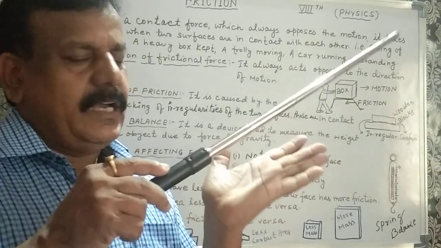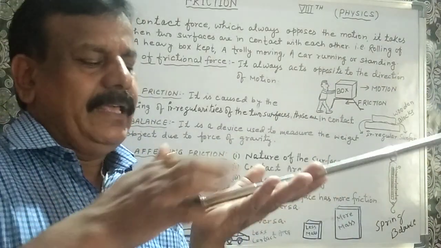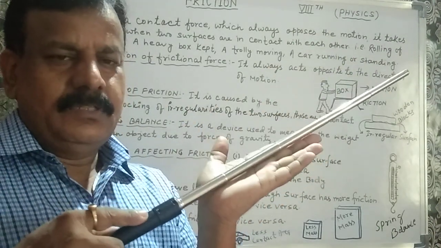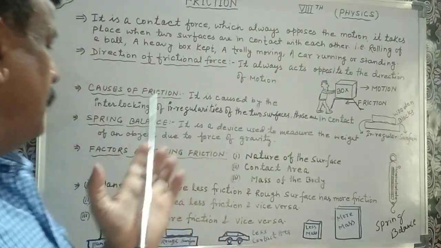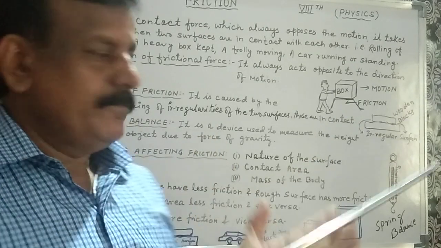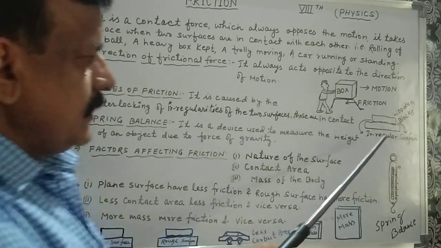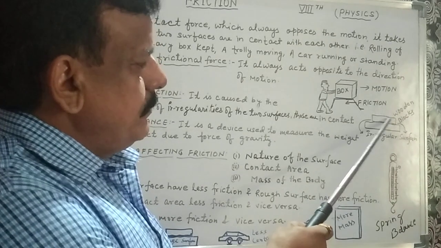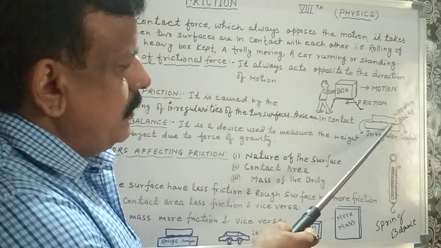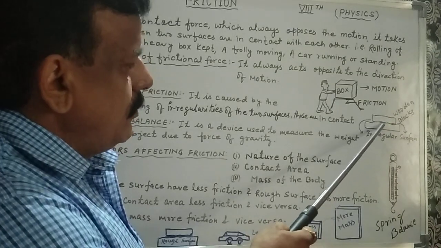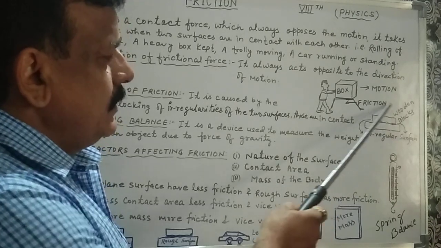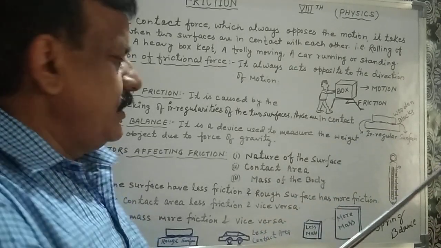In this figure you can see we have taken two wooden blocks, and due to irregularities of the surfaces they are interlocking. It is due to this interlocking of irregular surfaces that friction occurs.